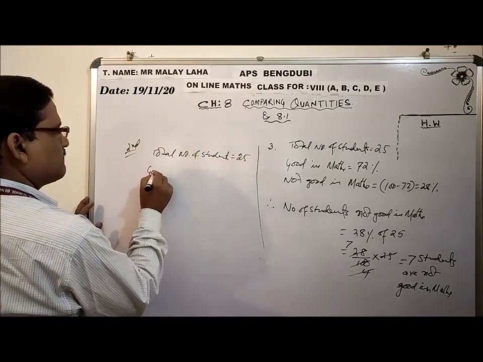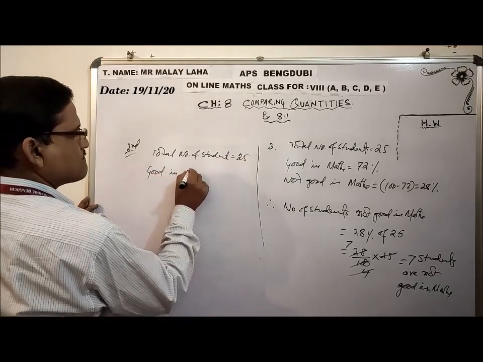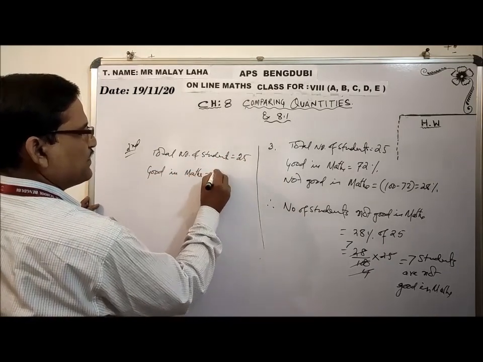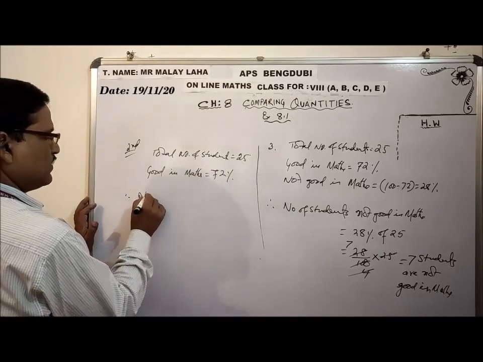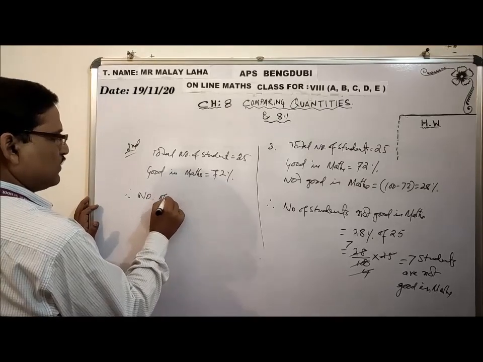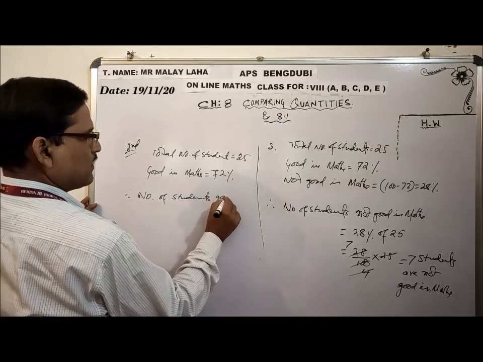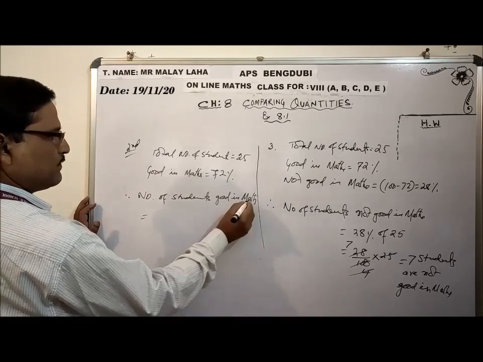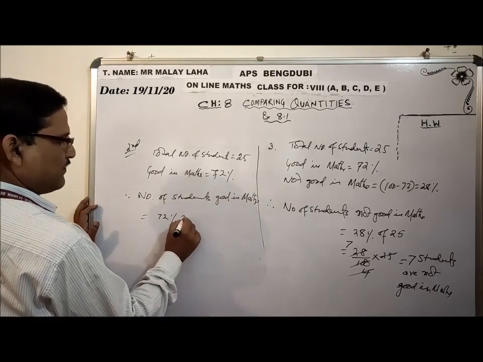Good percentage, good in maths, is 72%. Therefore, the number of students good in maths will be 72 out of 25.